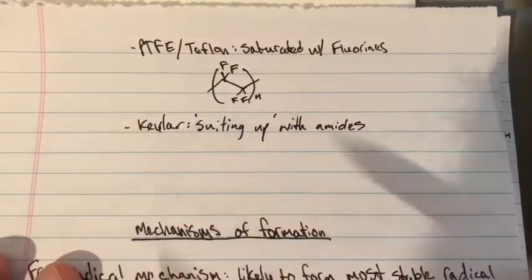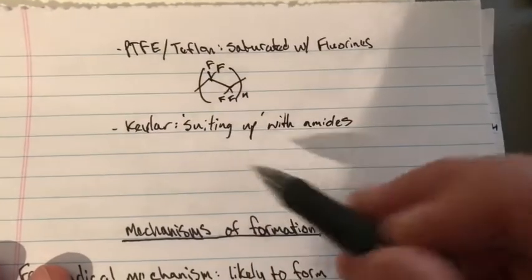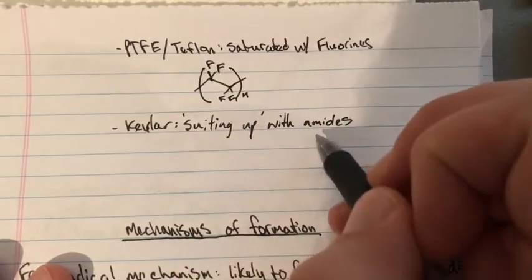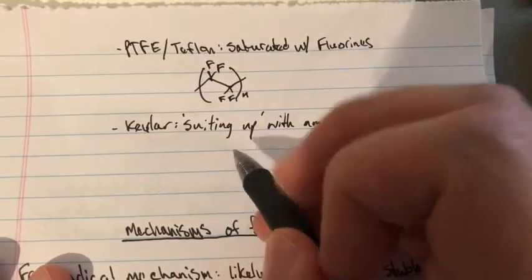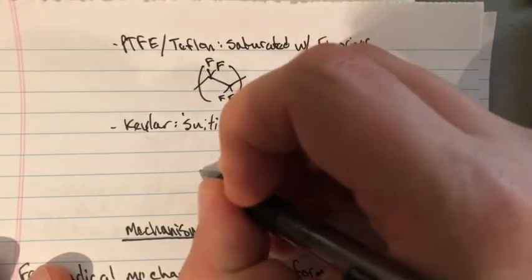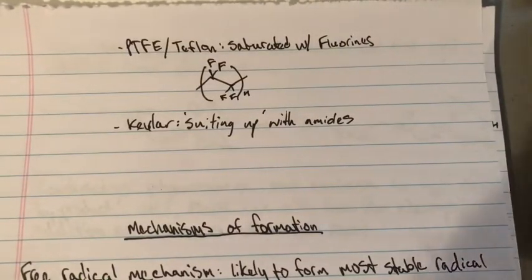Okay. Now Kevlar, so I said suiting up with amides. So this is really an amide that's formed between a repeating unit with, like, a phenyl ring, for instance. So it's going to be very robust, a very elaborate pi system.